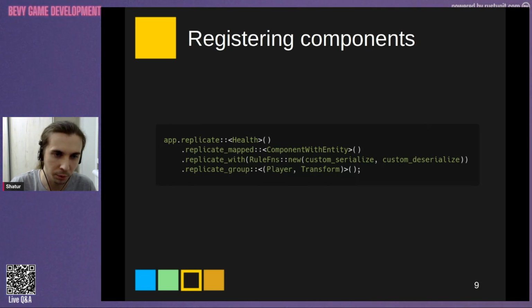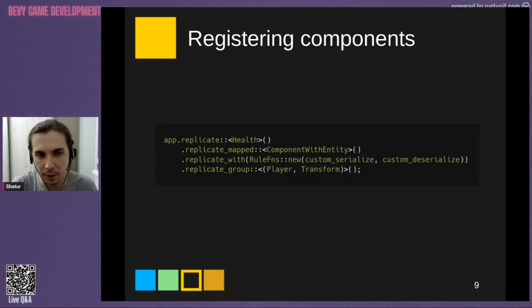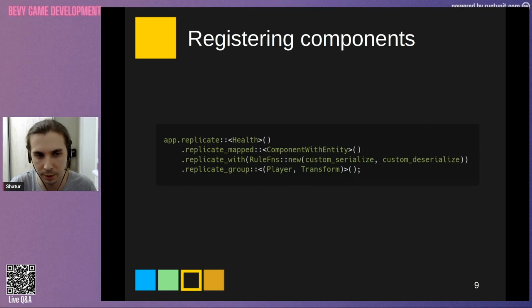It's also quite useful. For example, you may want to replicate transform only for players and keep the rest of the world without replicating transforms. This way you can call replicate_group. It's similar to how queries work in Bevy. For example, in this example, we have player and transform. And if these two components are present on an entity, only then they will be replicated.